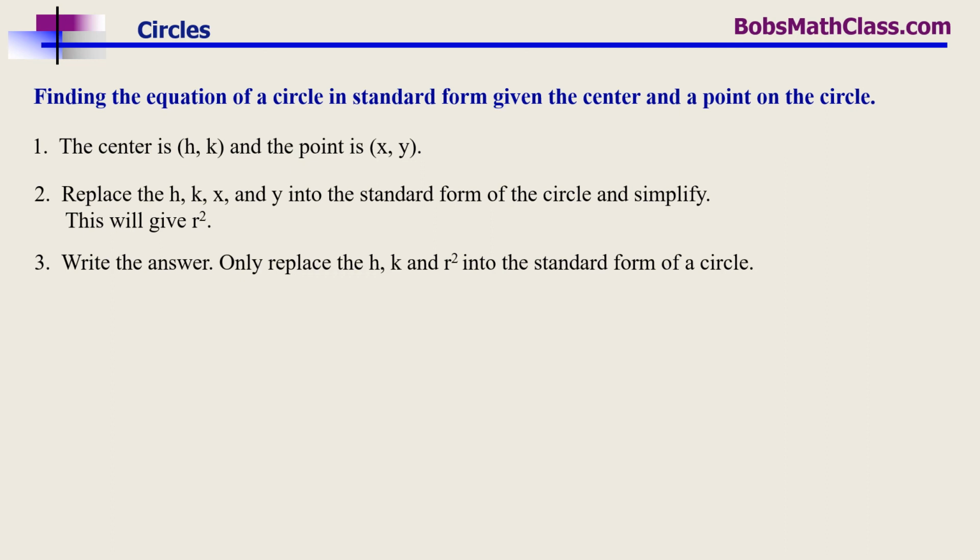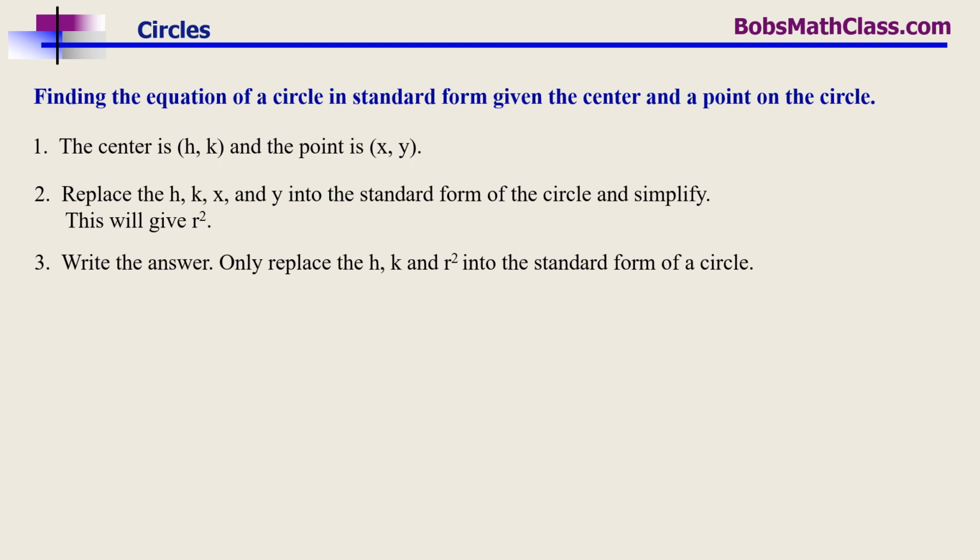Okay, so the center is h, k, right? That's looking at number 1. And the point, any point is of the form x comma y. So what we're going to do is replace the h, k, x, and y into the standard form, and then simplify.